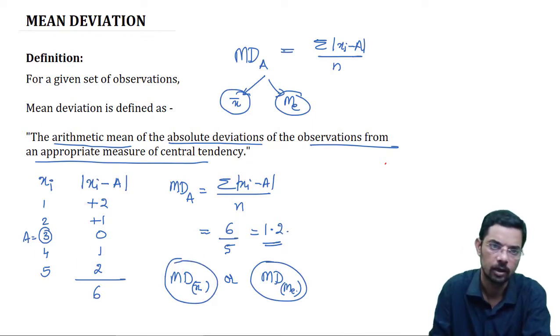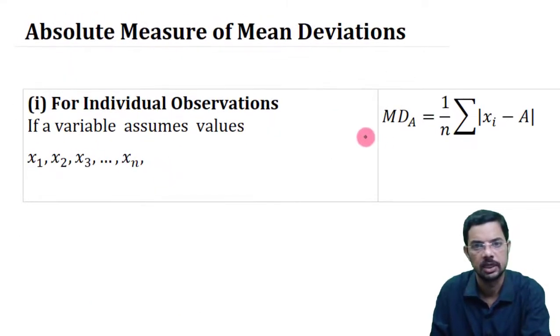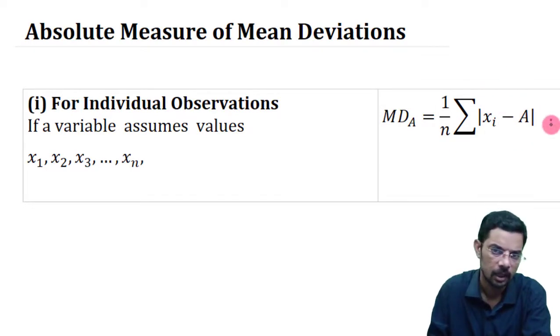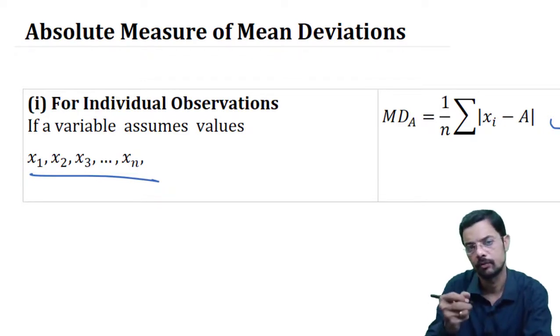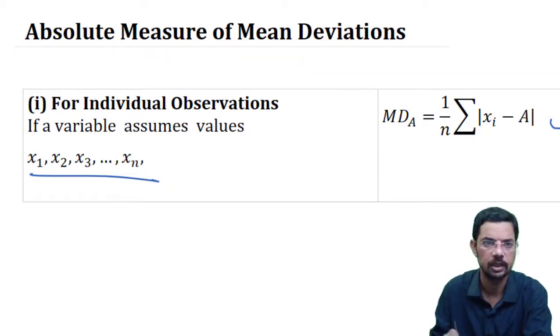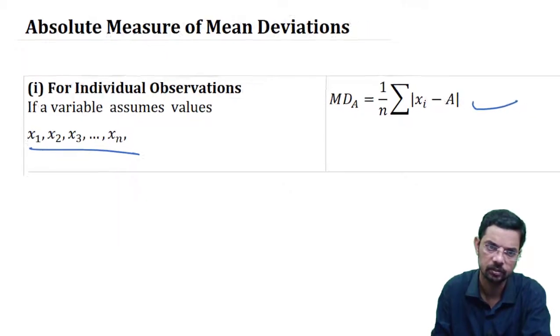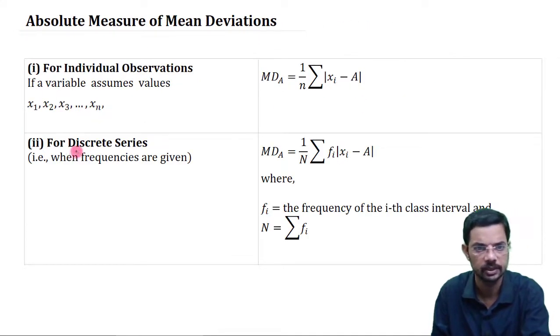So, the formula for the absolute measure of mean deviation is like this. Mean deviation about A is equal to 1 by n into sigma of absolute xi minus A, for individual observations. Now, in case we have frequency associated with the individual observations, we have a frequency distribution, called a discrete series.